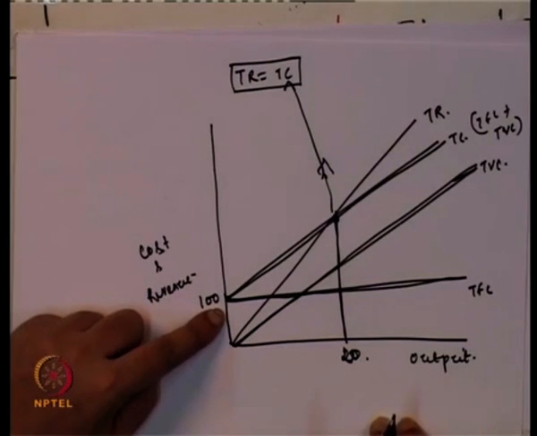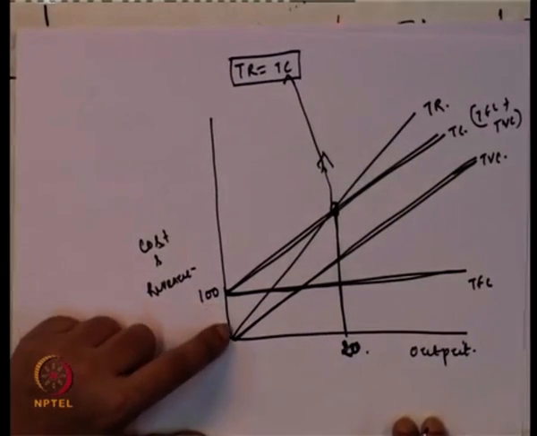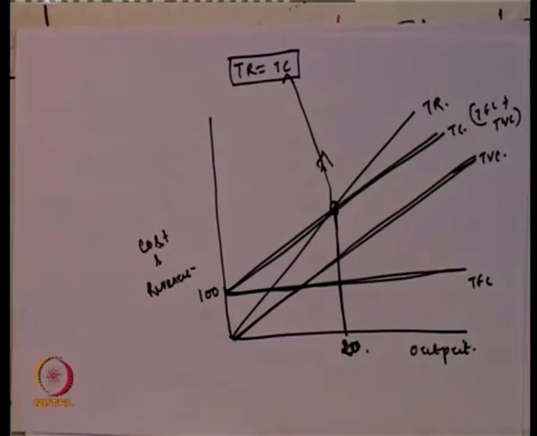Assuming 100 as the fixed cost, the break even output level will be 20, because at this point the total revenue is equal to the total cost. So, break even analysis generally tells us the relationship between the total revenue and total cost.